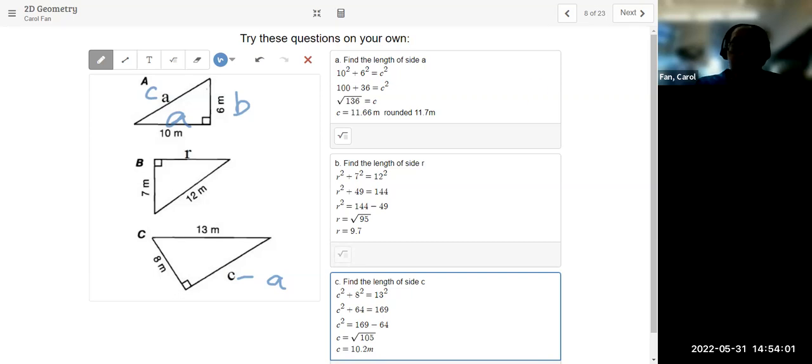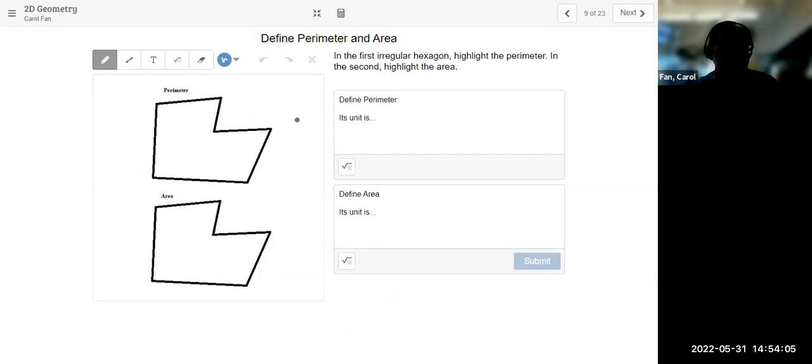Okay, so that's just another quick reminder of things that we've done in geometry before. Now we're going to do another review of geometry. Perimeter is the distance around the side.